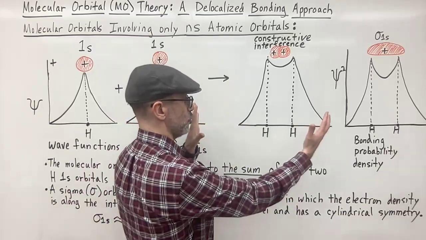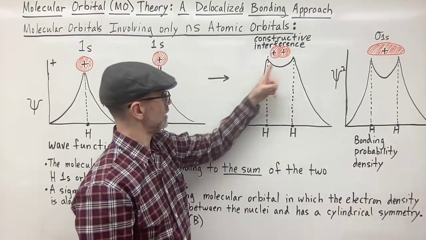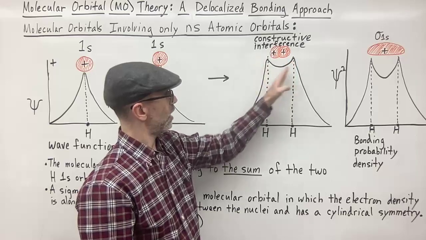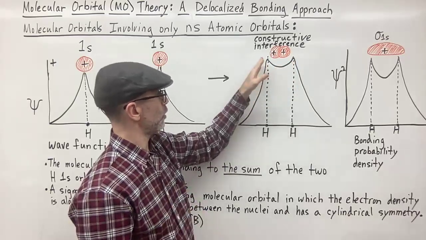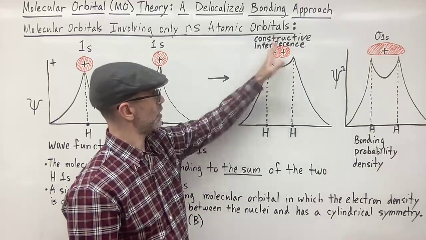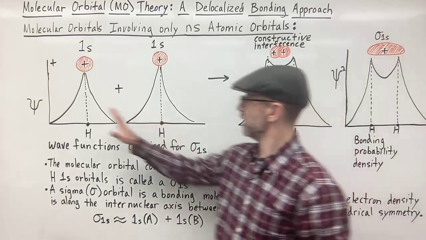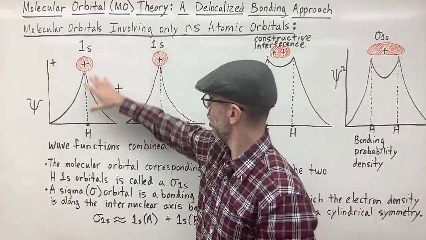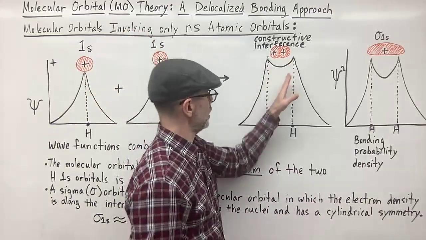These two waves come together and you get the combined wave function. And you can see here now that there's a high probability of finding the electron between the two hydrogens, whereas before there was no wave function here, no probability.